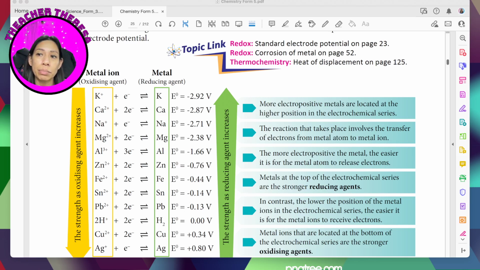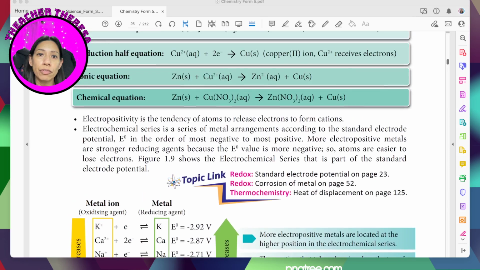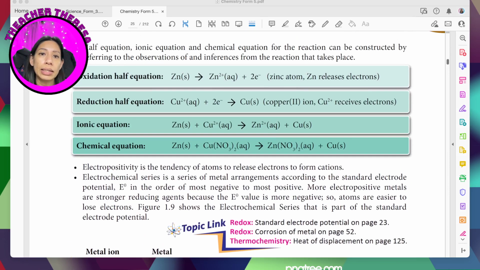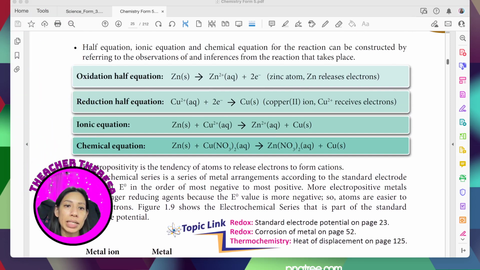What I mean by displace: here we have a reaction taking place between zinc and copper 2. Compared to copper as a metal, zinc is more reactive, or more electropositive. If it's more reactive, the tendency to form the positive ion is more.